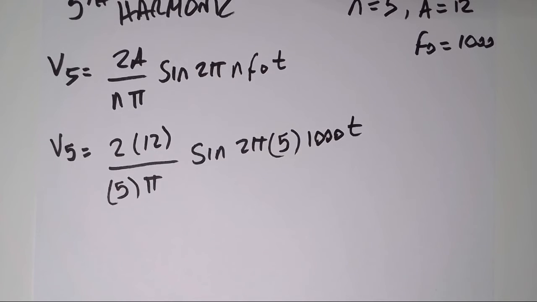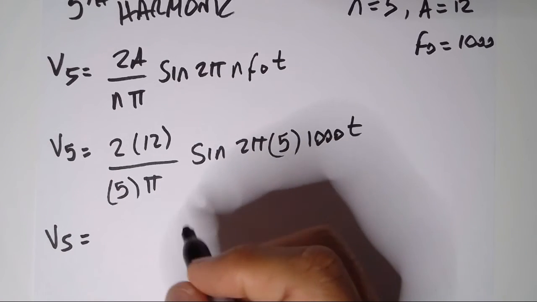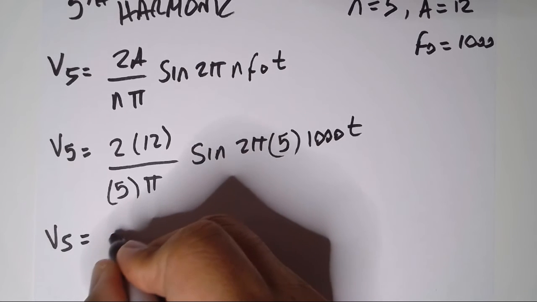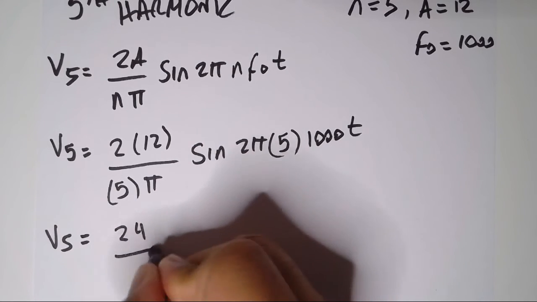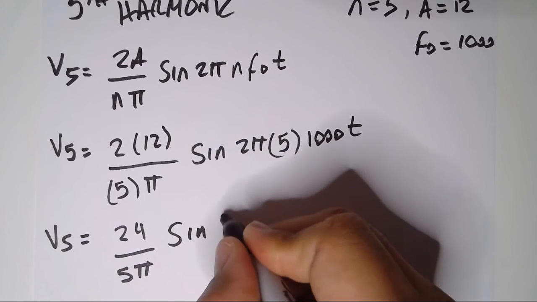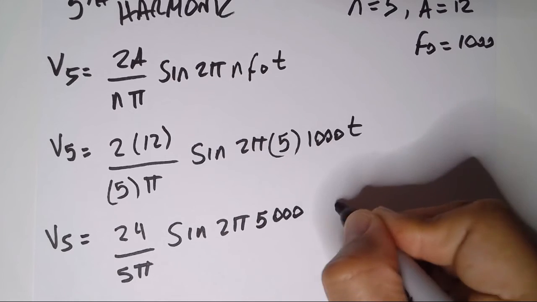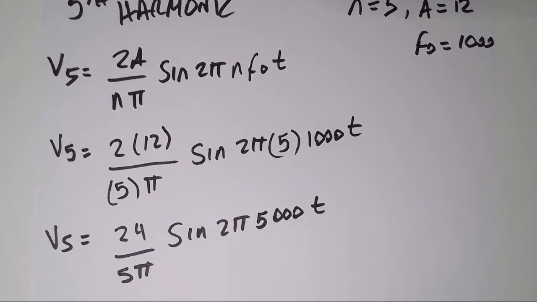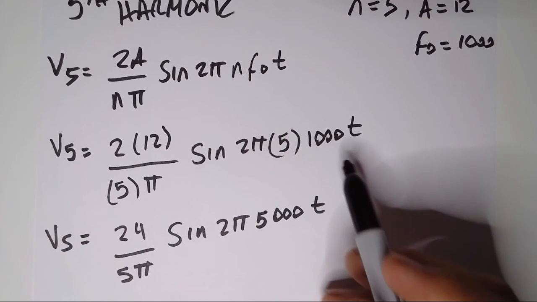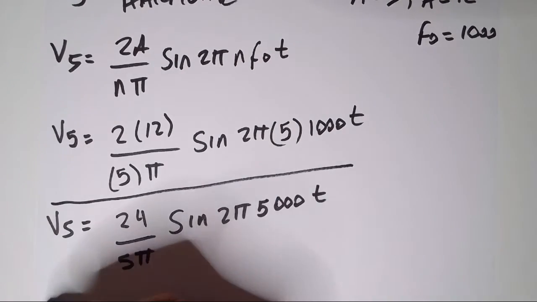Let's clean this up. So the fifth harmonic will be equal to 24 over 5 times pi times sine of 2 pi times 5000 t, right? 5 times 1000, we got that. So this is our fifth harmonic here.